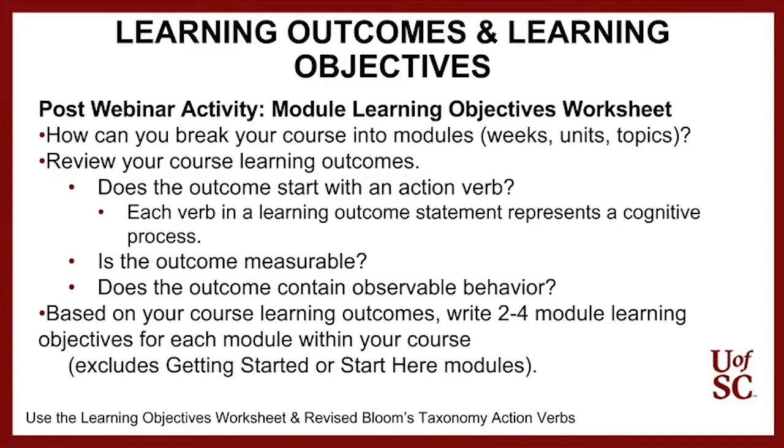This worksheet is part of the document, and this slide is in the PowerPoint that's also provided. After this webinar, I encourage you to take a look at your course outcomes and ask yourself these questions. Does the outcome start with an action verb? Is it measurable? It should start with a measurable action verb.